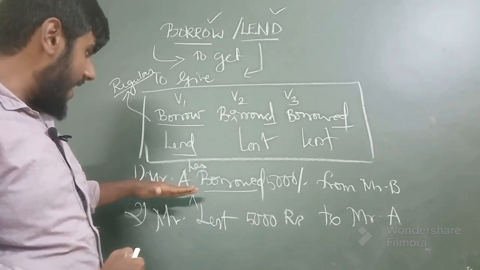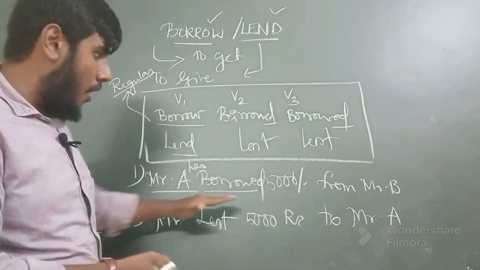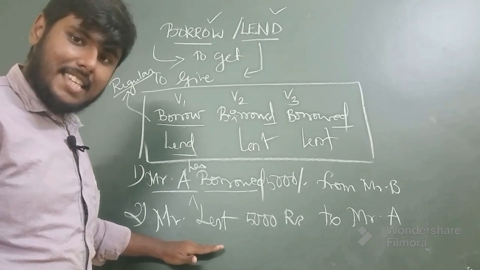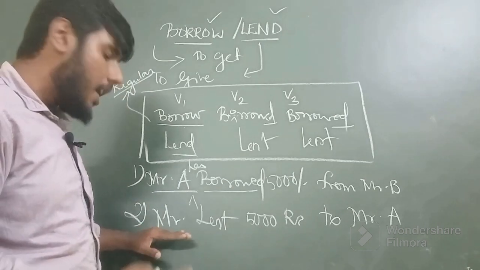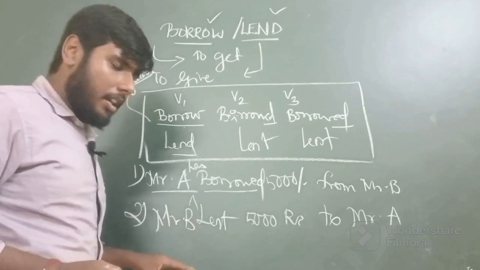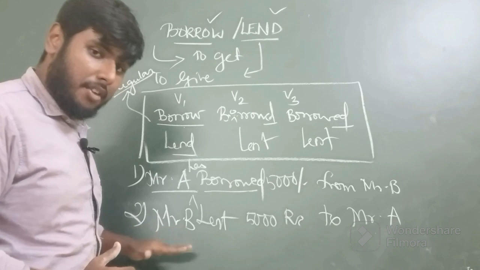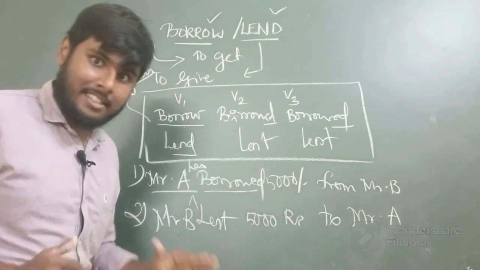In the first case, we have seen the example from the perspective of the borrower, while the second example is just an interchange of it, where we have generated another example by interchanging the places of the participants, starting from the perspective of a lender.